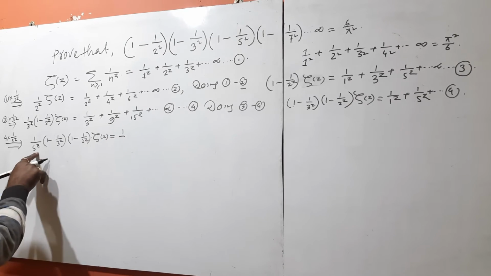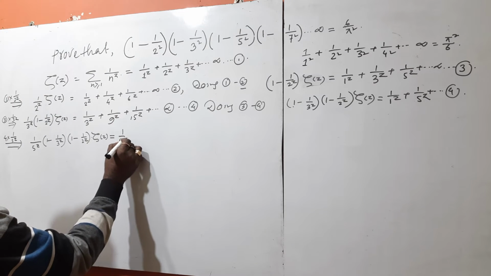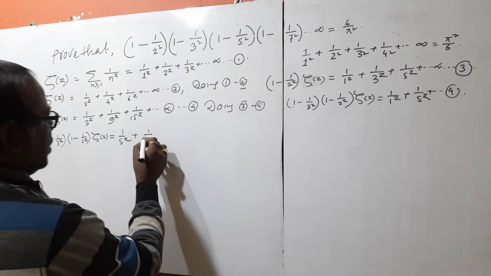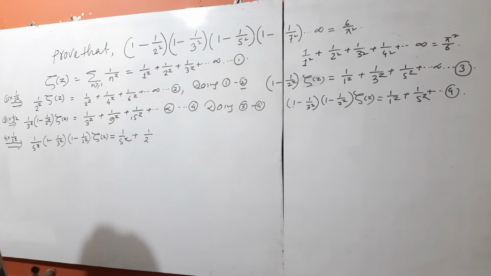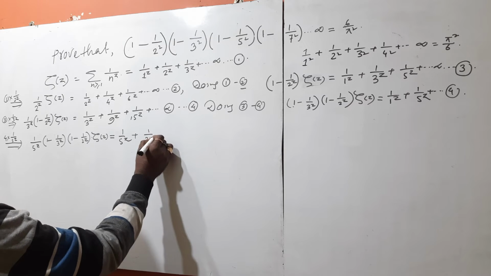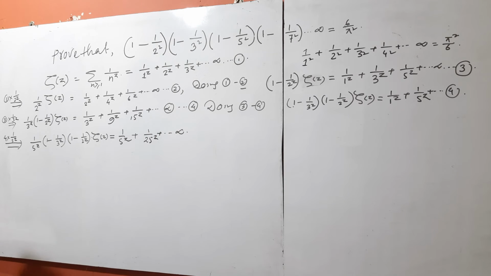If you multiply this equation by 5 to the power z, we get 1 over 25 to the power z plus and so on to infinity.